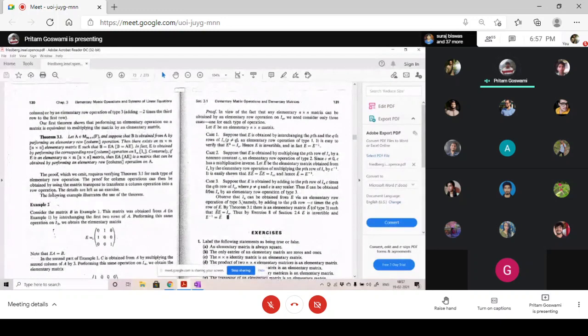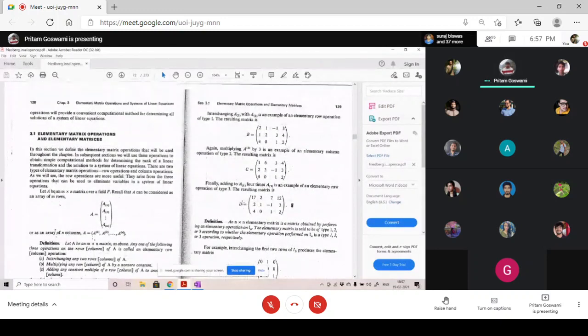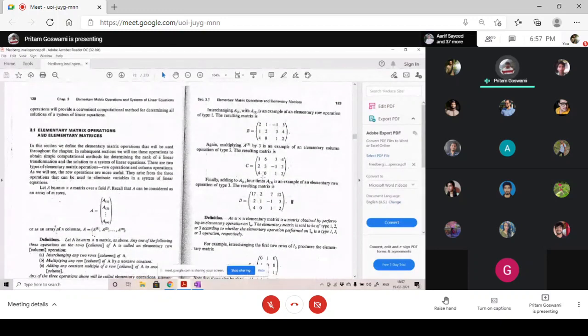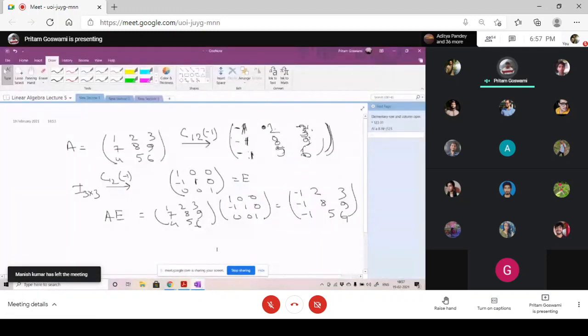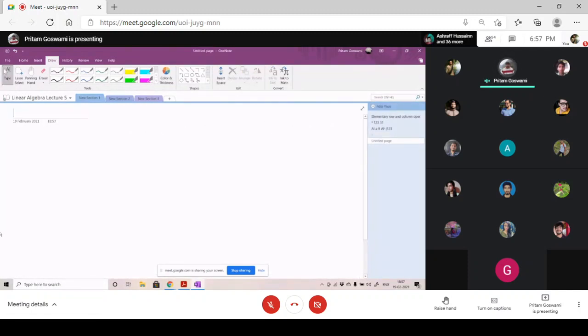Okay. So now I said that these row operations and column operations are rank preserving. So one question for you guys. Suppose I have a matrix A, which is 1 2 3 4, a 2 cross 2 matrix.